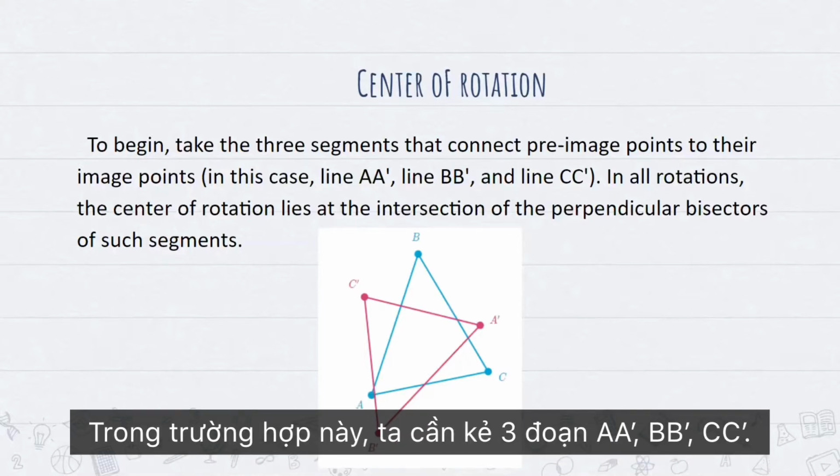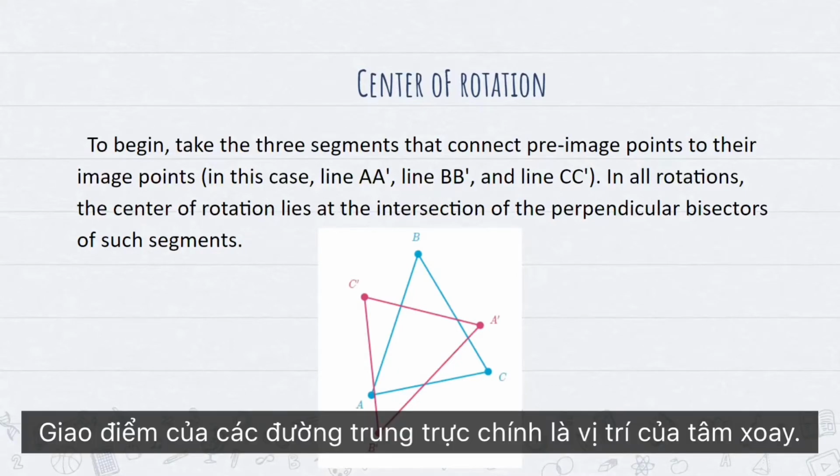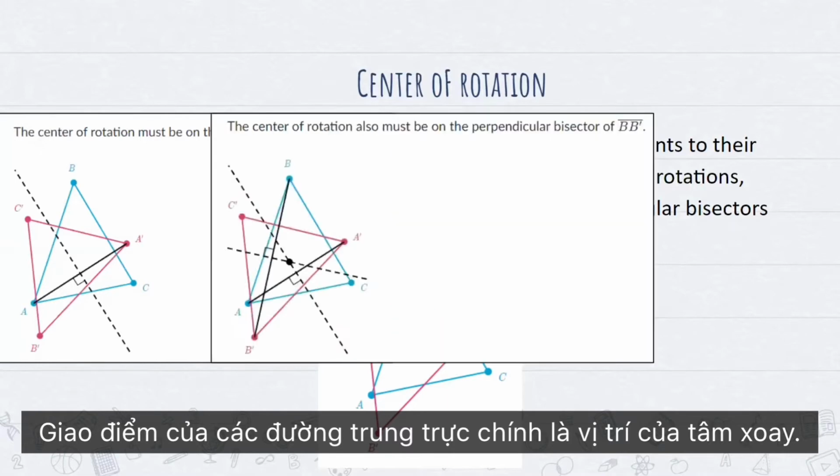In this case, you can see that they connect point A to point A', point B to point B', and point C to point C'. Then you construct the perpendicular bisector of each line, and where those lines intersect, that is the center of rotation.